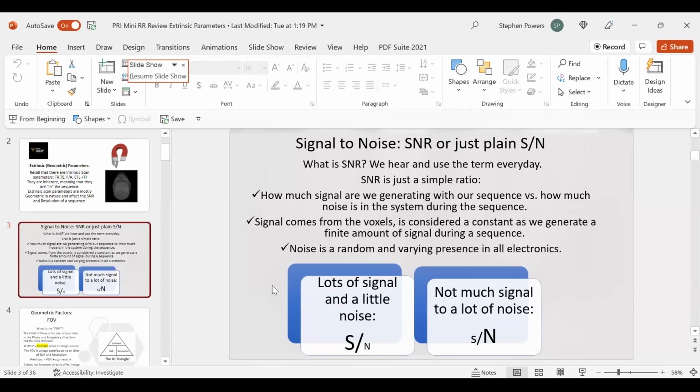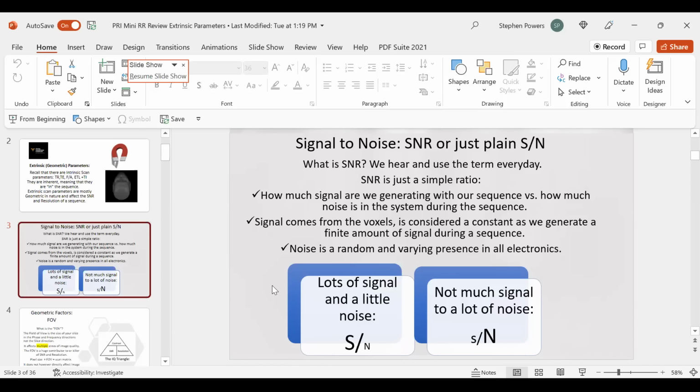So we want to have a good ratio of signal to not much noise. That's the left hand. See, big S, little n. That's going to be good image quality. We're going to have good signal to noise. The reverse of that is when we don't generate a whole lot of signal for various reasons, but our noise comes up. Okay, so our signal to noise ratio is very important.